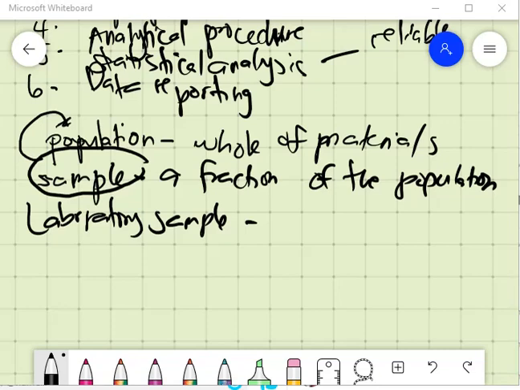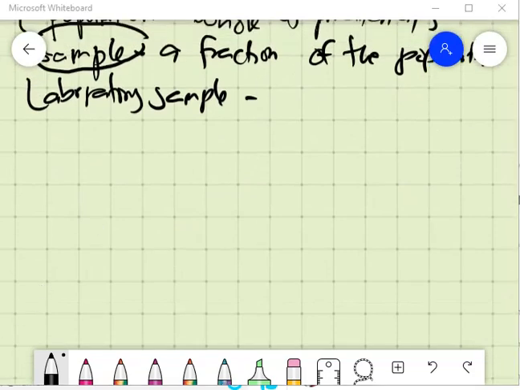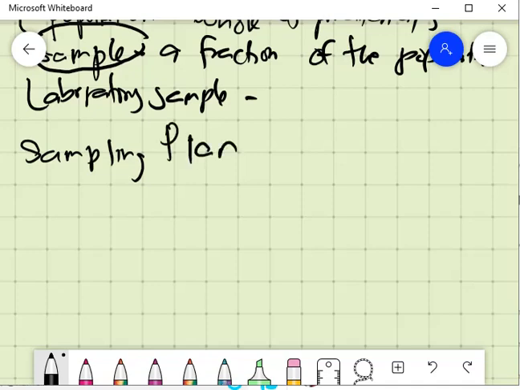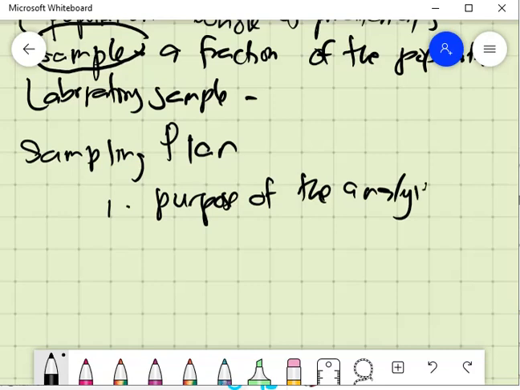So for example, in the food industry, in the case of a sampling plan in the food industry, they consider many things. Okay, so the sampling plan, this is the first part, right? One, they consider the purpose of the analysis. So it depends on what your purpose is. There are different reasons.